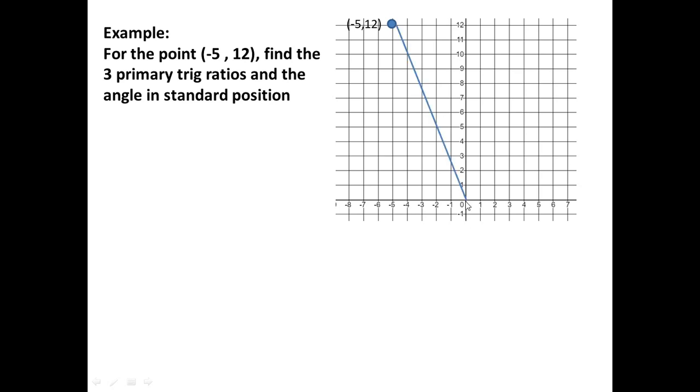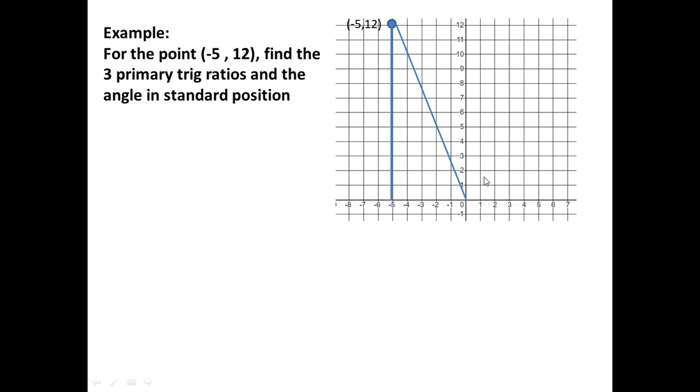I'm going to connect it so we have our terminal arm. Normally, we have this angle here, and I'm actually looking for this because that is the angle in standard position.